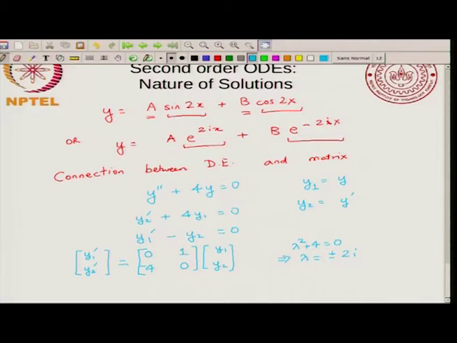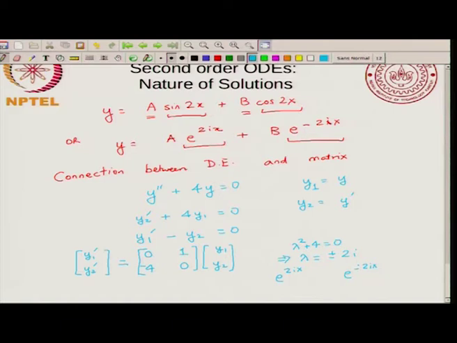So, the linearly independent solutions will look like e to the 2ix and e to the minus 2ix, and you can find the corresponding eigenvectors and you can solve this equation.